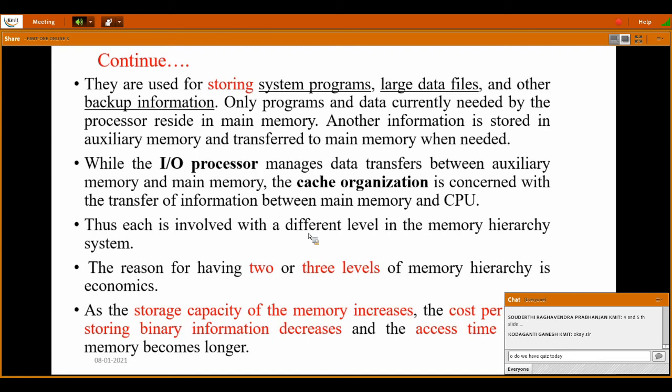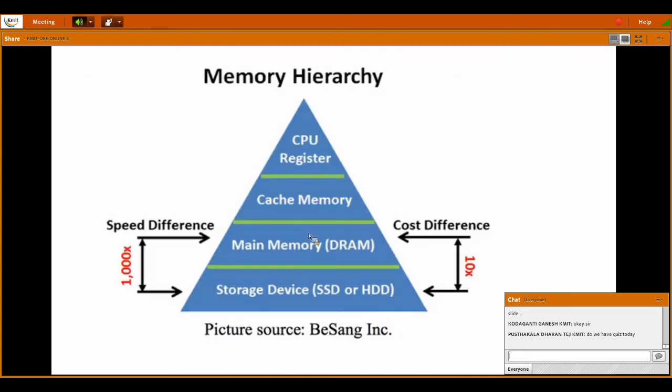As the storage capacity of the memory increases, the cost per bit for storing binary information decreases, and the access time of the memory becomes longer.